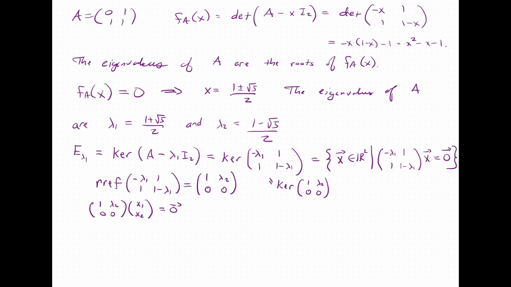But this tells us that we have the equation x1 plus lambda 2 x2 is equal to 0. Since we don't have a pivot in the second column of this matrix, that means that x sub 2 is a free variable. So note, x sub 2 is a free variable.